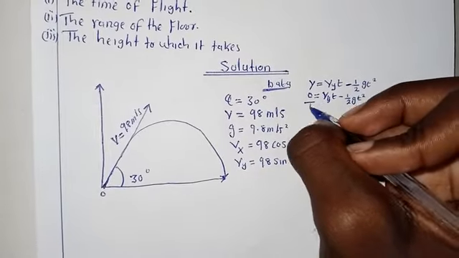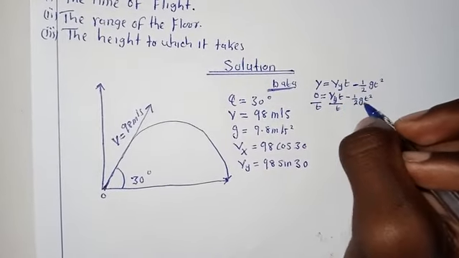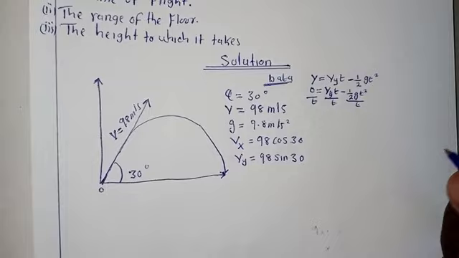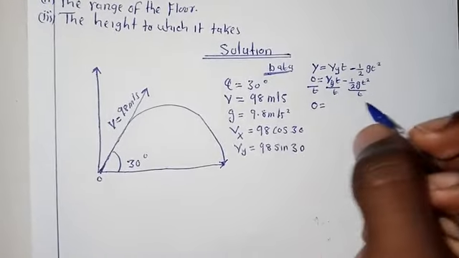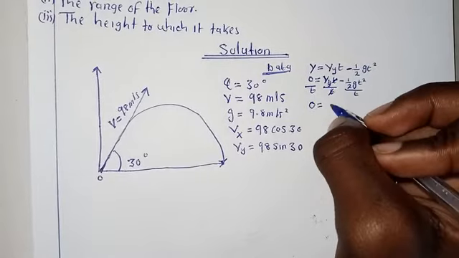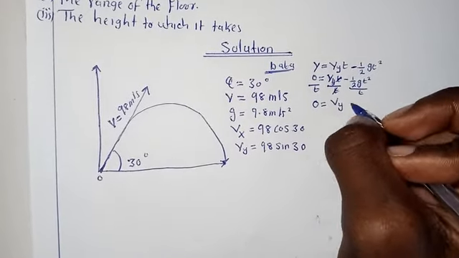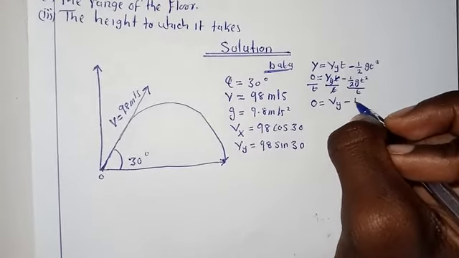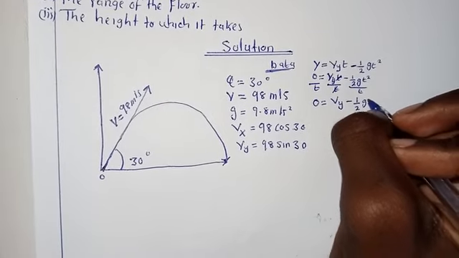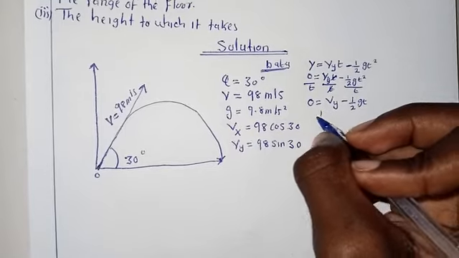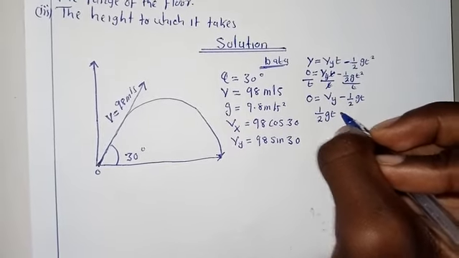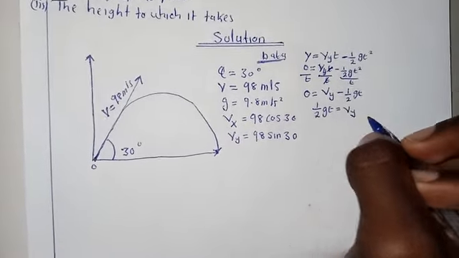I can divide everywhere by t, like this, so that I'm going to have 0 equal to, then t and t will cancel. I'm going to have Vy minus 1 over 2 g t, like this. This can go this side. I'm going to have 1 over 2 g t equal to Vy.